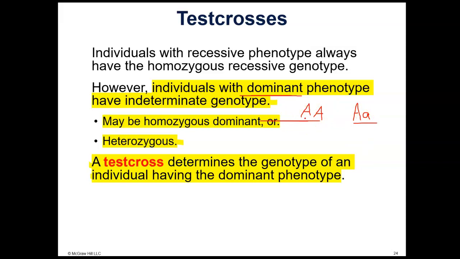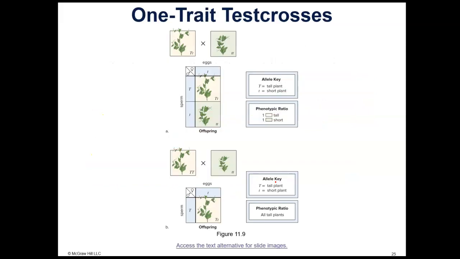So what the test cross does is it crosses the individual who is dominant with a recessive individual. And based on the offspring that are produced, we try to determine what the genotype was of the dominant individual. So a test cross determines the genotype of an individual having the dominant phenotype.